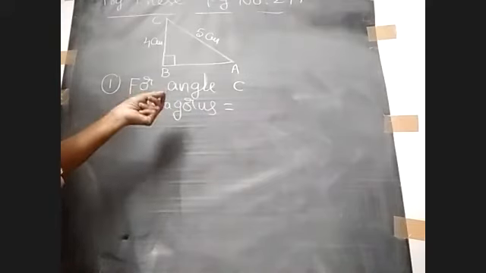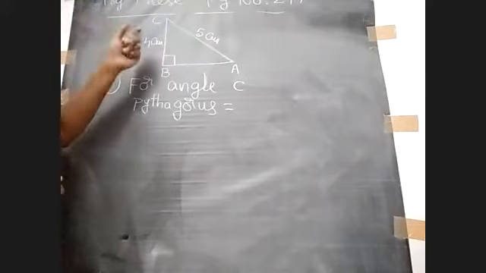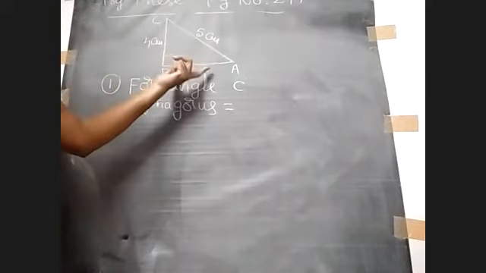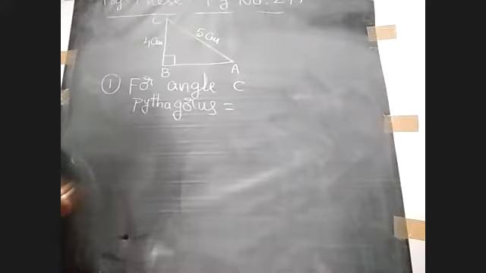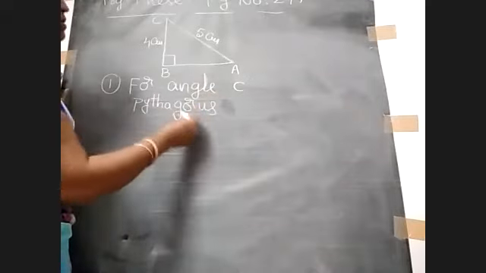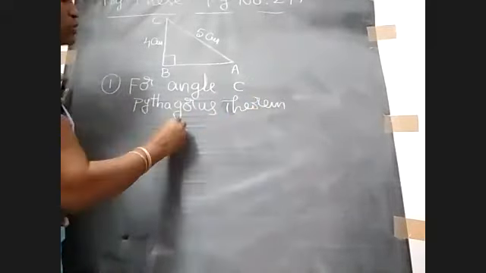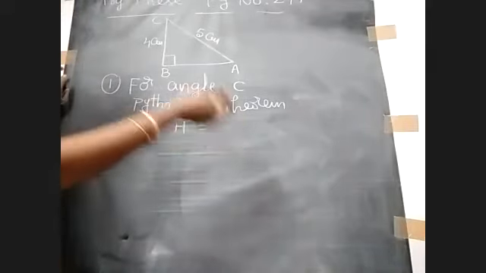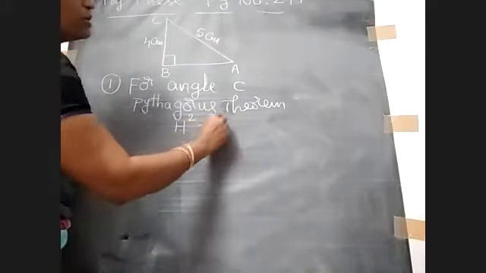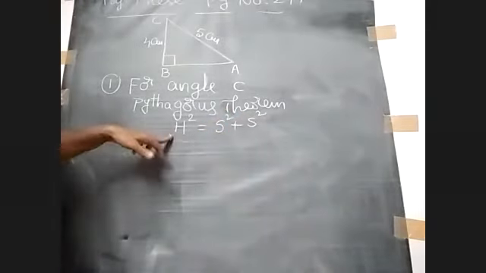What is Pythagoras theorem? It is nothing but the square of the hypotenuse is equal to the sum of the squares of the other two sides. What is the hypotenuse here?